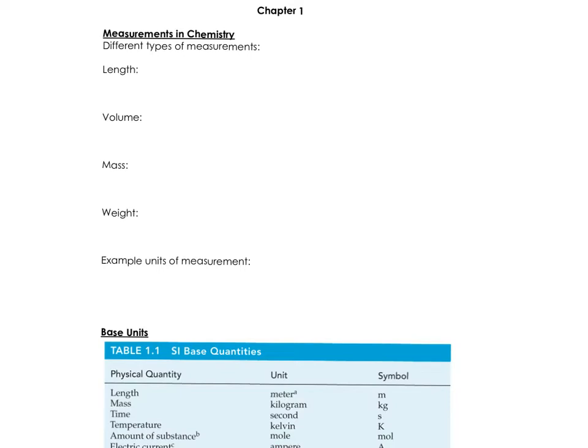So measurements in chemistry are important. Measurements are basically how we gather our empirical data. There are different types of measurements, right? We have length, which is a measurement of distance. The unit that we use most often is the meter or some other form of this with a prefix.